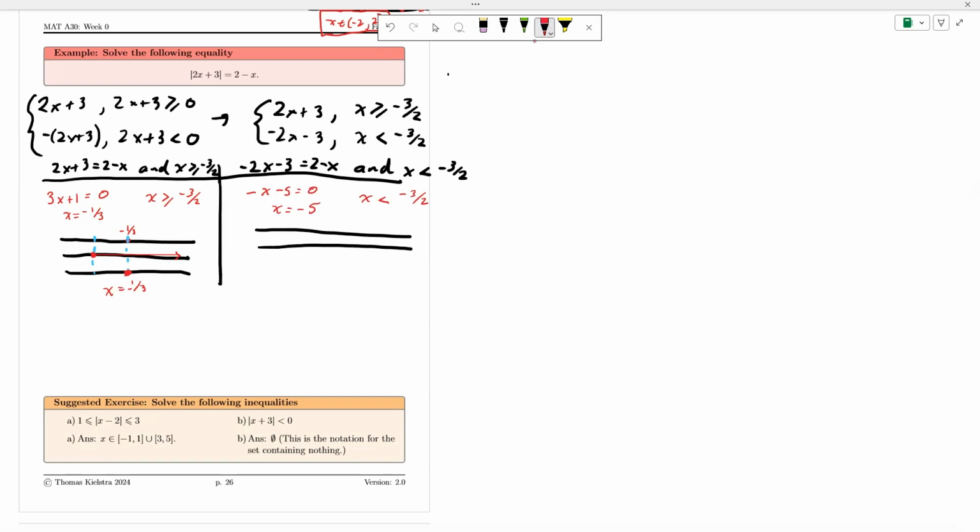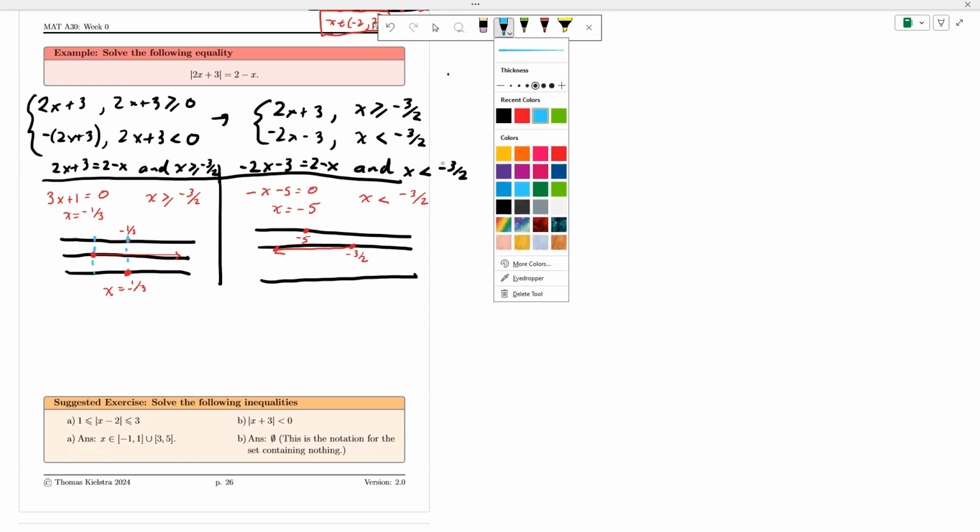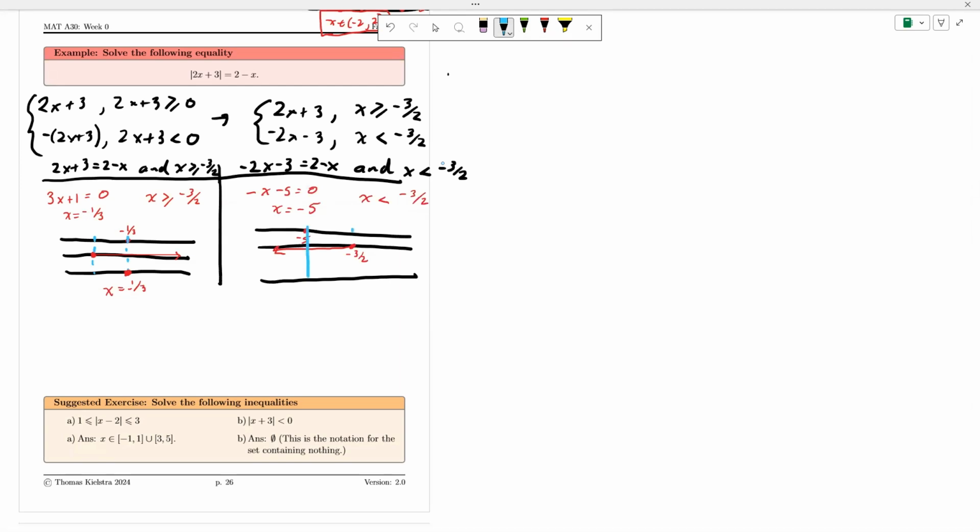My first constraint is a single point at minus 5. And my second constraint is strictly less than minus 3 over 2. For this problem, I take the intersection. Drawing my two lines, I get a single point at x equals minus 5.